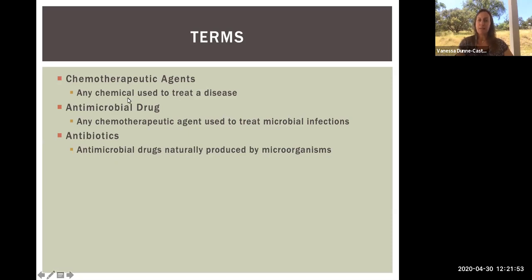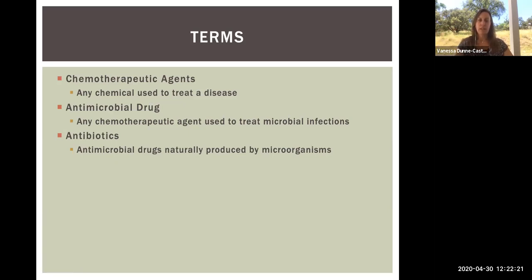So this is any type of chemical that's used in the treatment of any kind of disease, right? Chemotherapeutic drugs, you guys hear this term a lot when talking about cancer. So chemo, that kind of abbreviation that we use, that slang term, it's talking about using a chemotherapeutic agent to target the rapidly proliferating cancerous tissue.